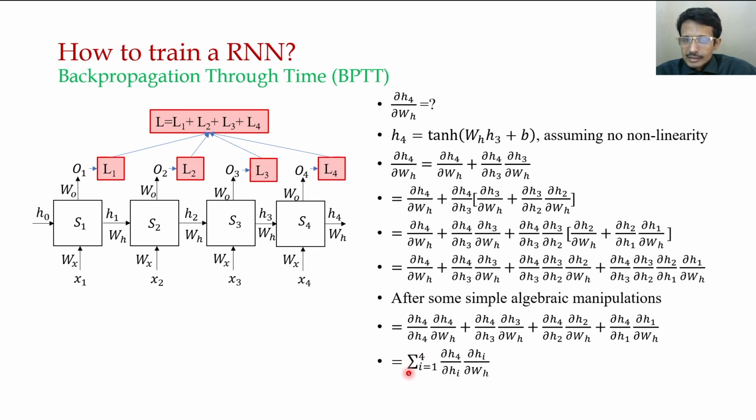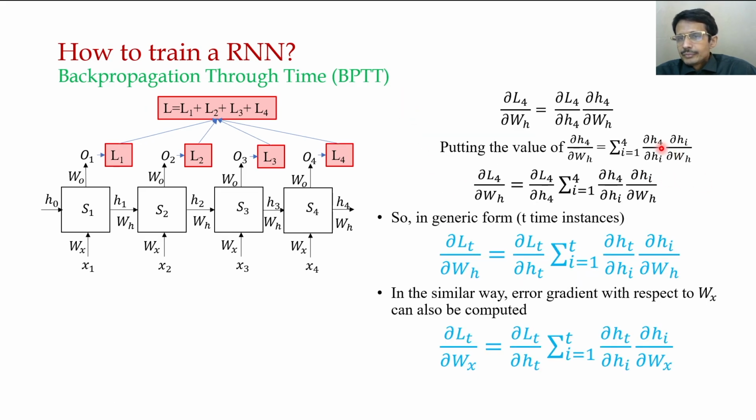This is the value of del H4 by del WH, so we put this value here. So we get del L4 by del WH equal to del L4 by del H4, summation from i equals 1 to 4 of del H4 by del Hi times del Hi by del WH.